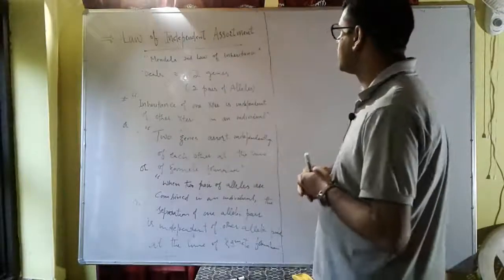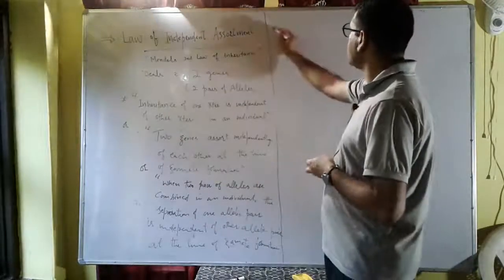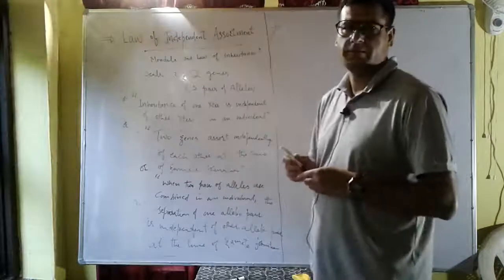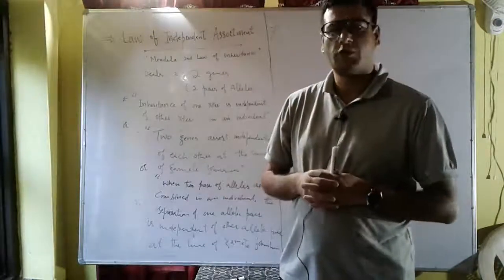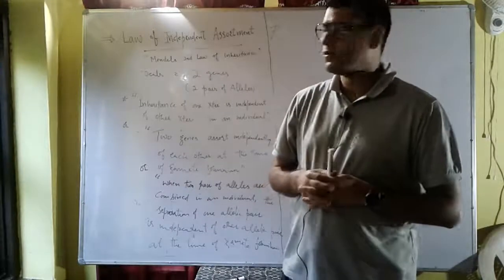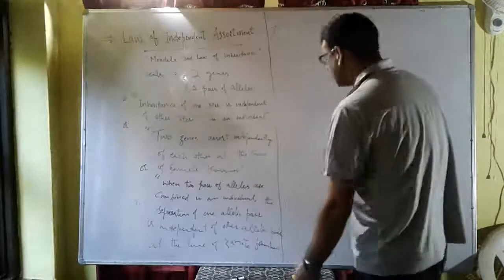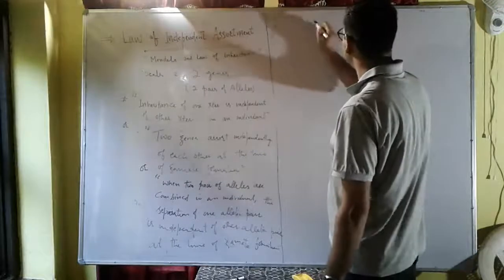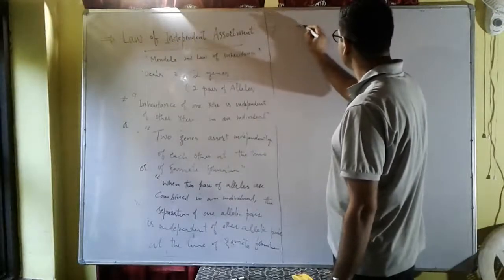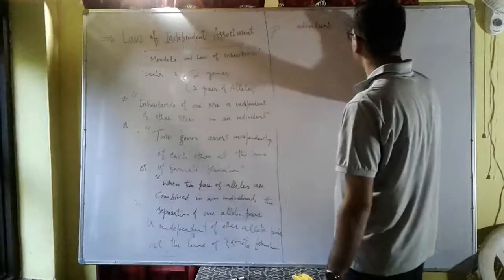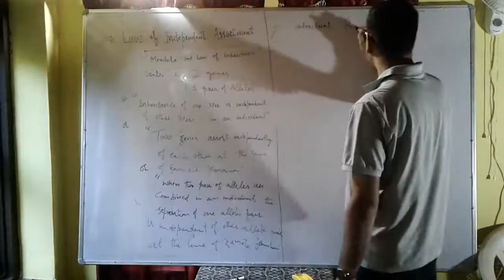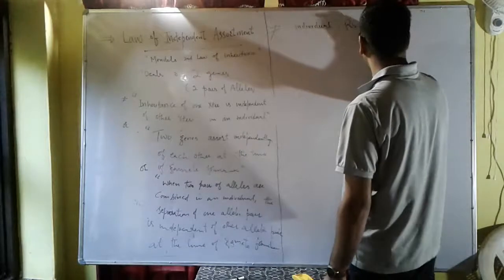Now the question arises: one chromosome pair assorts independently of the other chromosome pair, and that forms the basis of the law of independent assortment. For example, we have an individual having genotype capital R, small r, capital Y, small y.